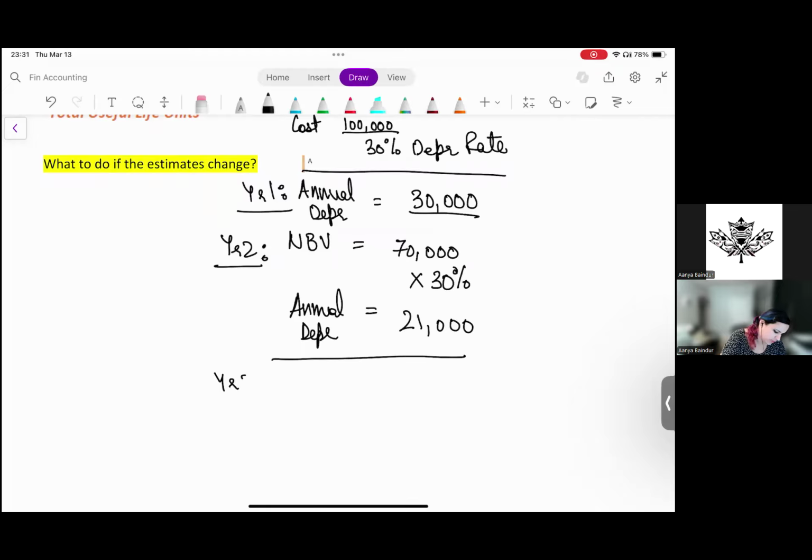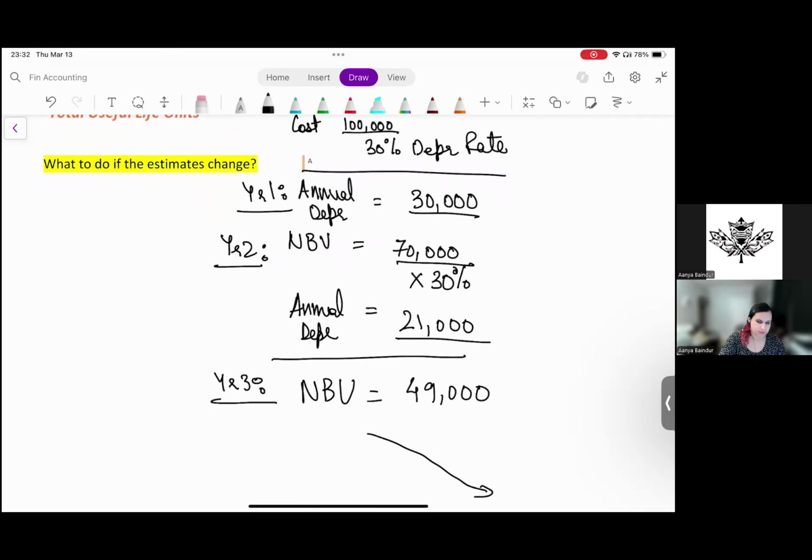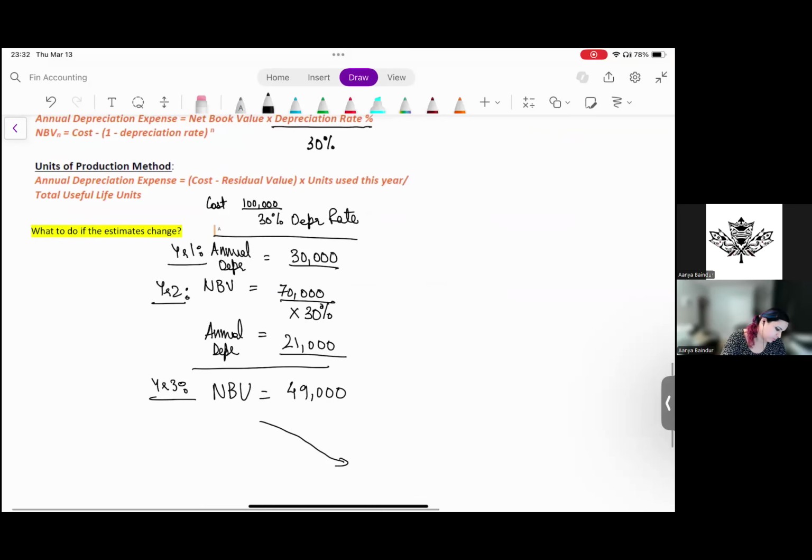For year three, our net book value will be equal to 70,000 minus this amount, which is 49,000. And you keep doing that until finally you sell the equipment. So that is how we do this part.